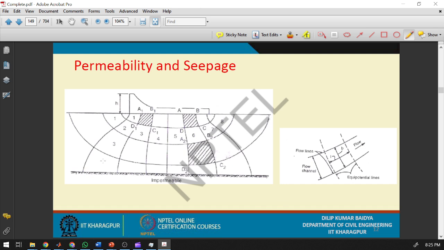The other thing is that the water will flow along the flow lines and never perpendicular. There cannot be any flow cross to the equipotential lines. So based on that, we make these flow nets.